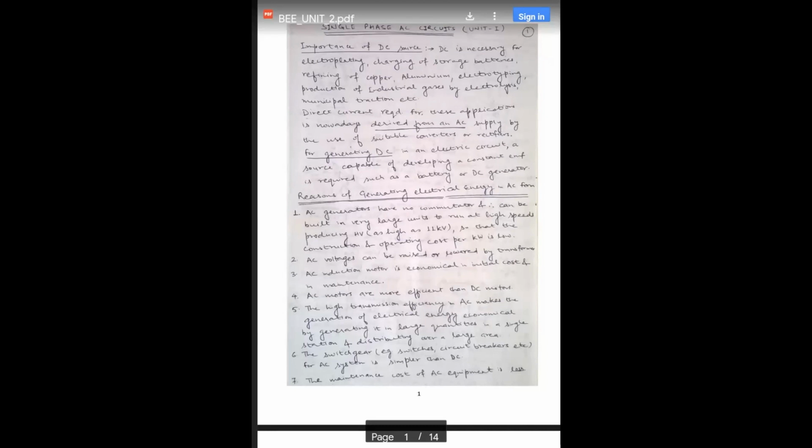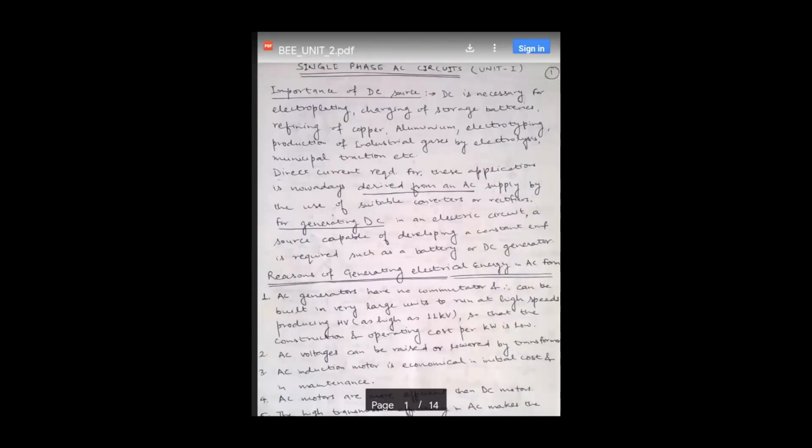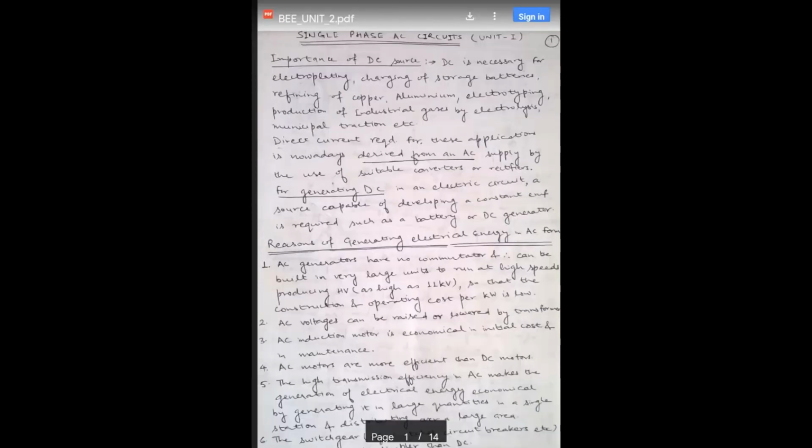So first of all, we should know where DC is applicable. Its applications are in electroplating, charging of storage batteries, as in case of our mobile batteries and vehicle batteries, refining of copper, aluminum, and electrotyping.